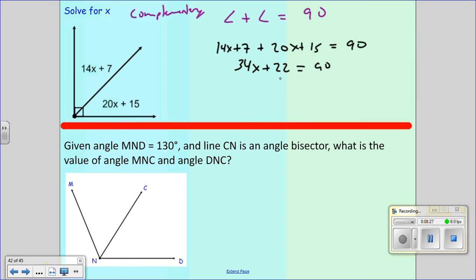Subtract 22 on both sides would leave you with 34x is equal to 68. Divide by 34 on both sides, and you would get x is equal to 2.